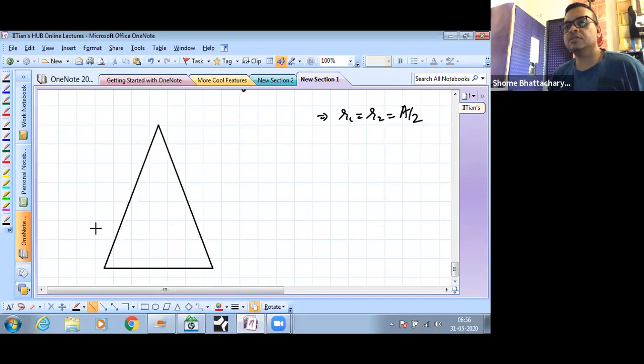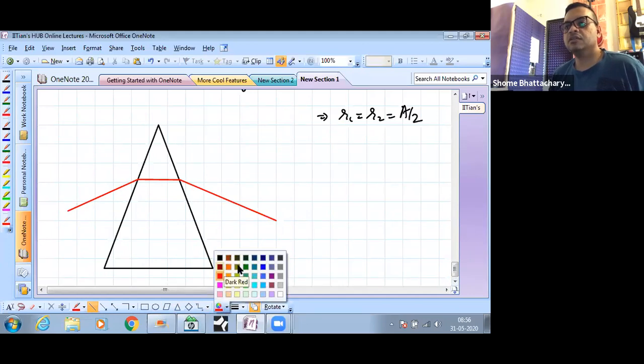The symmetry works in such a way that the ray is incident this way. For example, if this is an isosceles triangle where this angle is equal to this angle, then this becomes parallel to the base. But this need not be an isosceles triangle. As you can understand, this prism can very well be cut like this also.